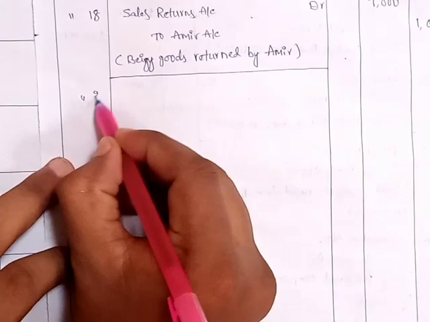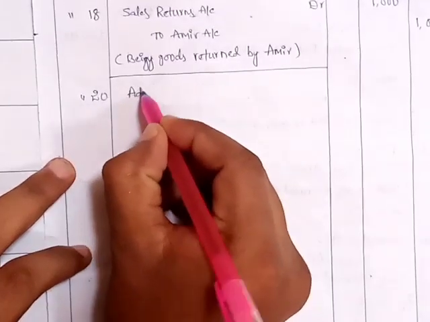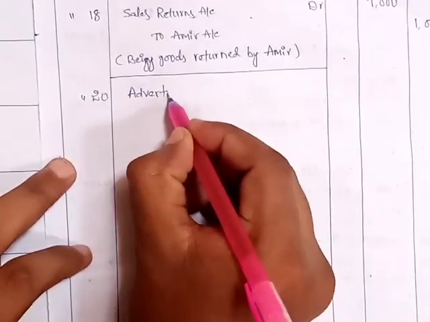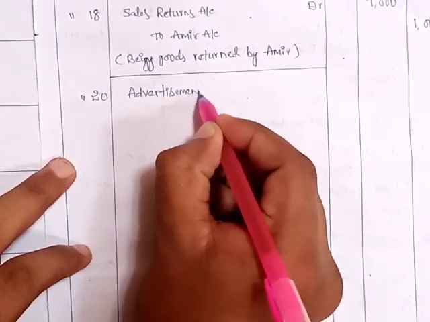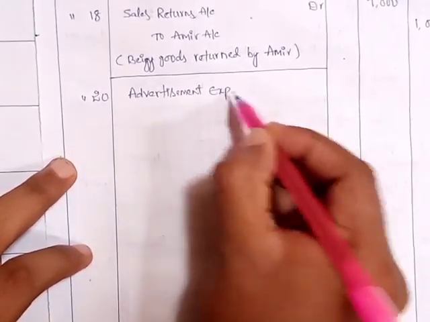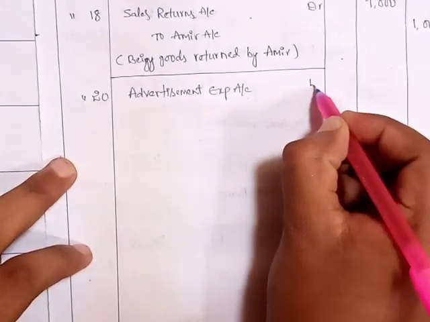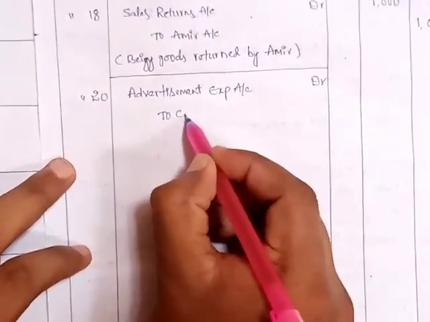So entry is April 20, advertisement expenses account debtor to cash account.